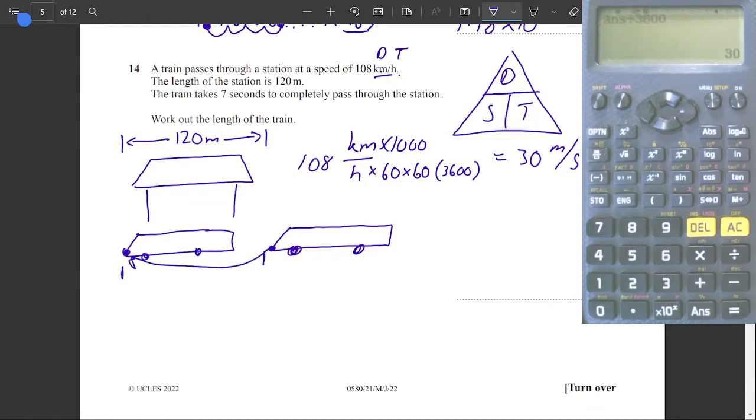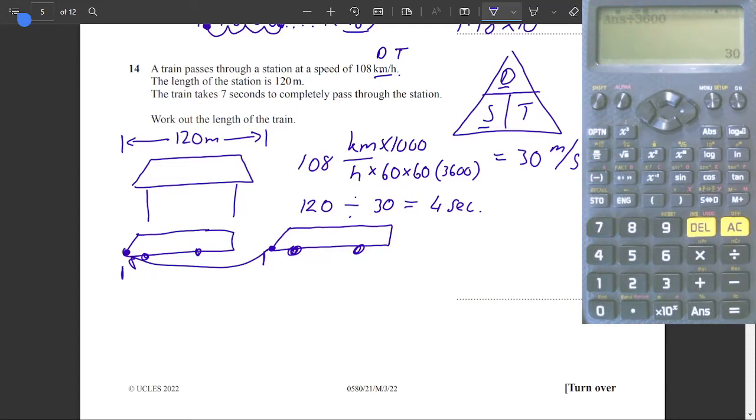We're traveling 30 meters per second, and the distance is 120 meters. So we do distance divided by speed. So 120 divided by 30 is 4 seconds. It travels 30 meters per second, so 120 meters would take it 4 seconds for the nose of the train to go from the one edge of the station to the other edge of the station.